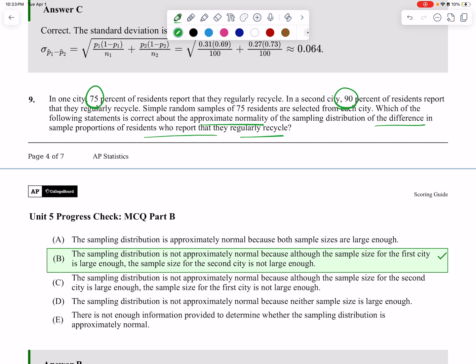Simple random samples of 75 residents are selected from each city. So we have N1 is equal to 75 and N2 is equal to 75. And we have, which of the following statements is correct? Sorry, of the approximate normality. So we're going to see, let's try to see if it's normal.